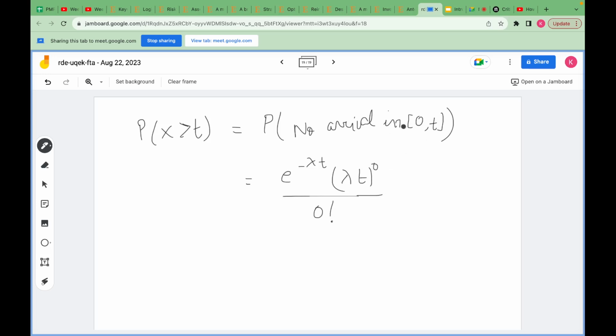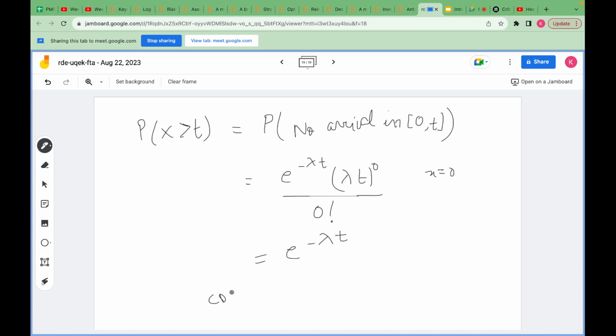No arrival in 0 to t means 0 customers are arriving. It was given that this is a Poisson distribution with lambda t. The number of customers arriving in the t interval will be Poisson distributed with lambda t parameter, so that's why we take lambda t as the parameter. So this is nothing but e to the power minus lambda t.